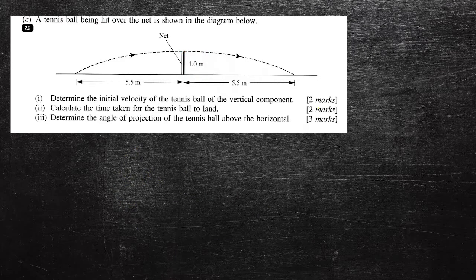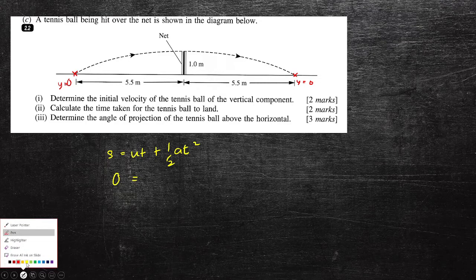Number 2, calculate the time taken for the tennis ball to land. Start with s equals ut plus 1/2 at squared. We're going to use the vertical motion also. So s equals 0, because at this point it is 0 in the y axis and 0 also in the y axis.